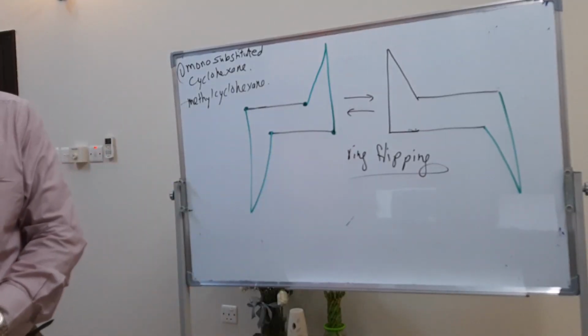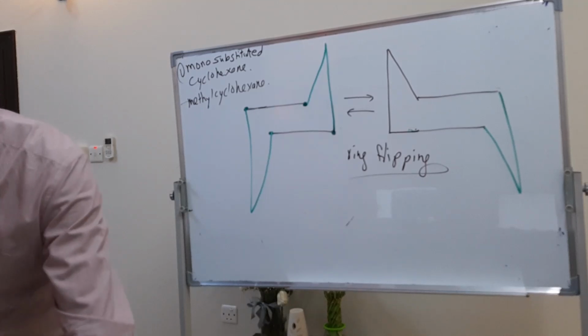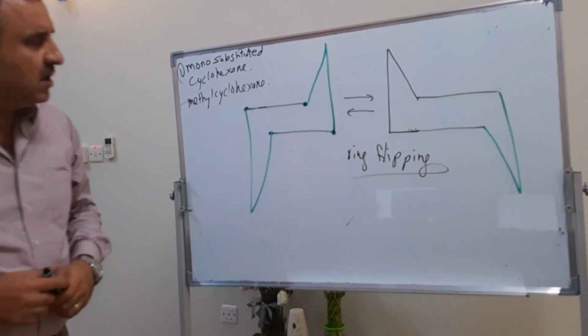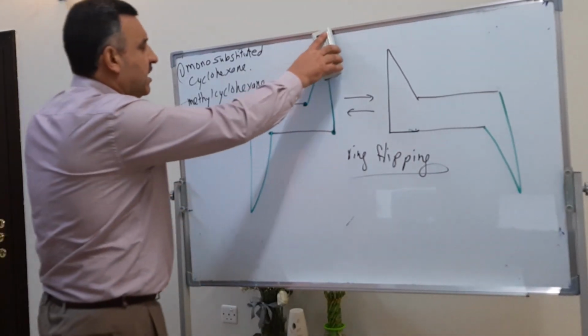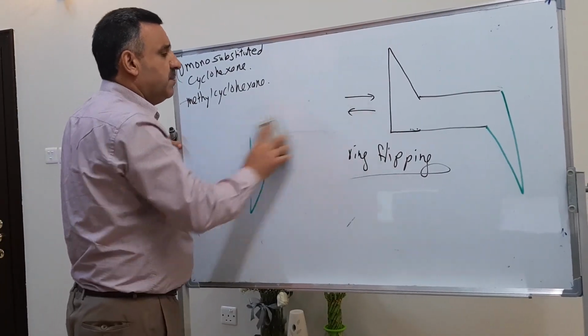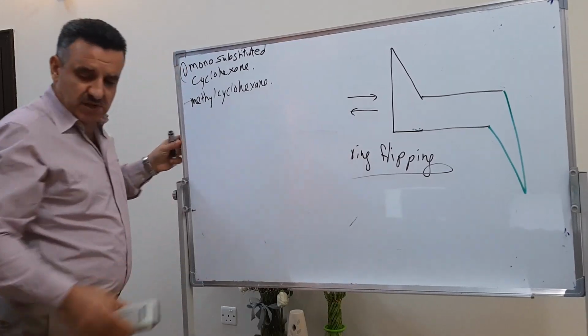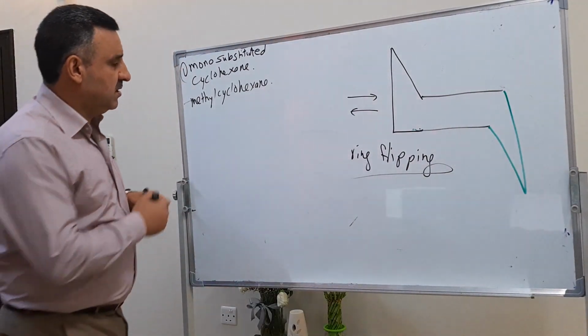So we will have only two options for the methyl to occupy: either equatorial or axial. So we just redraw it.